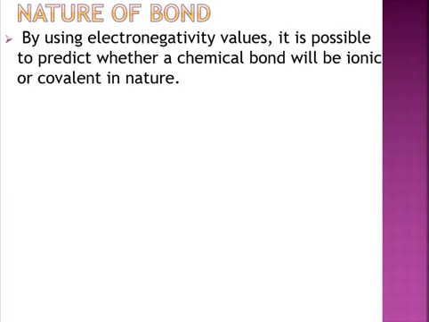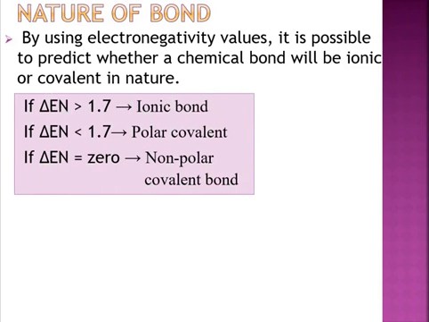Students, we can predict the nature of bond from the electronegativity difference. As you know, an ionic bond is formed between metal and non-metal, and there is a complete transference of an electron.